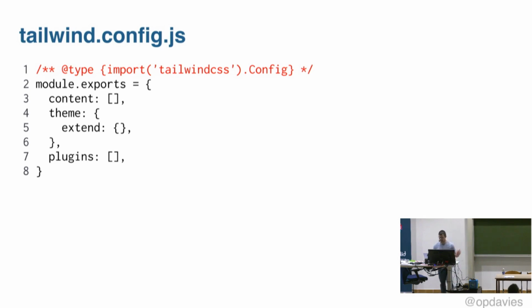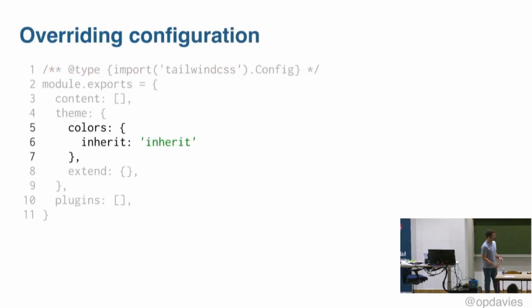So we've already seen the content part, so we've already seen what that does. We've now got this theme section. This is where we customize it based on our project, essentially. So if, for example, we want to set the colors, Tailwind comes with a lot of colors out of the box, all the different reds and greens and blues, etc., but we might not want all of those.